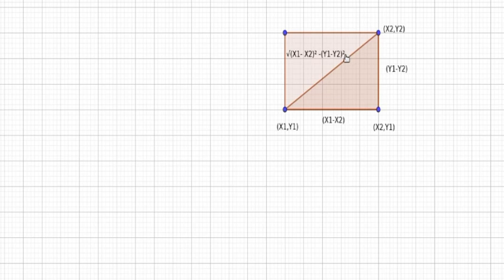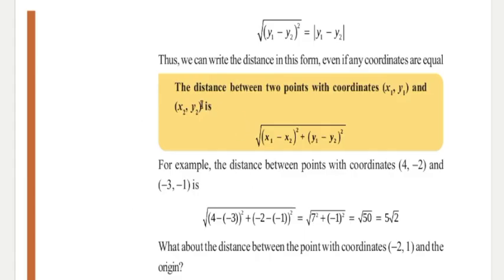See, this is our result. The distance between 2 points with the coordinates (x1, y1) and (x2, y2) is root of (x1 minus x2) the whole square plus (y1 minus y2) the whole square. Then what is the distance between a point and the origin? In the origin we know that the point coordinates are (0, 0).